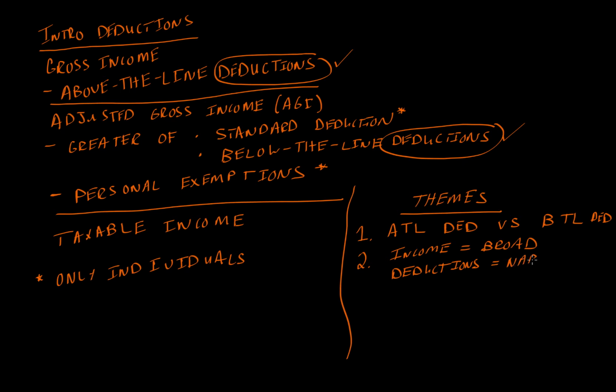The name of the case is New Colonial Ice. In New Colonial Ice, the U.S. Supreme Court, Justice Cardozo, very well-known jurist, said that deductions are matters of legislative grace that need to be interpreted narrowly, versus income needs to be determined broadly.